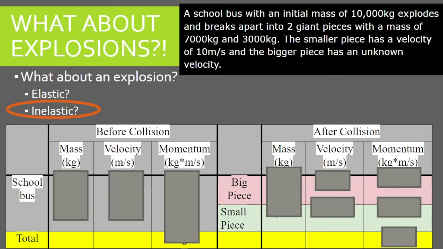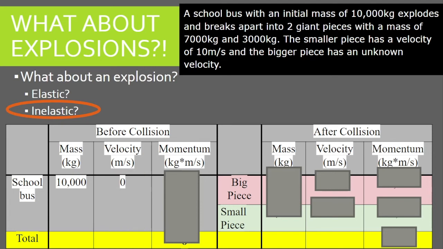Now let's take a look at our momentum table below. Before the collision, and by collision we just mean explosion, what's the mass of the school bus? Well, that's 10,000 kilograms. What's the velocity of the school bus? Well, before it explodes, it's just at rest, it's not moving. And this is going to be the case 99% of the time for explosions.